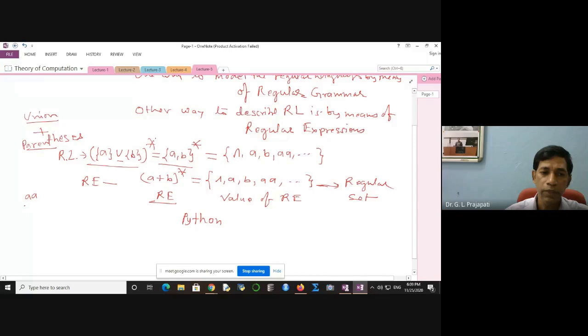This is the regular expression, and the value of this regular expression is the set which we can denote by writing this. So this regular expression denotes a set of strings, and in this set we have only one word, which is the string itself. So this is the simplest regular expression, like Python.